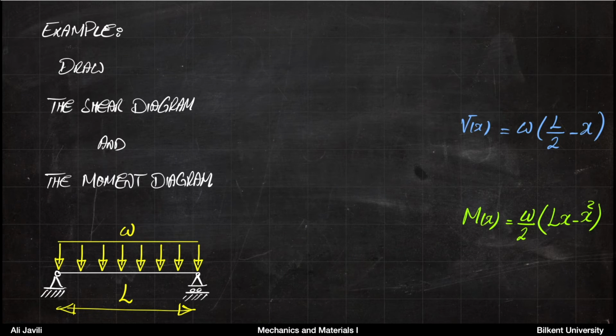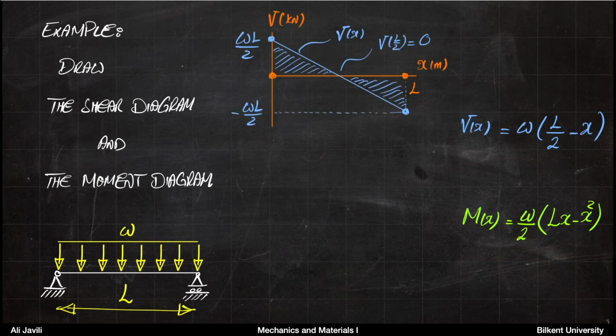And at this point, this is exactly what we had in the previous example. So you have now the shear force distribution and the moment distribution in terms of x. All you need to do is to draw them to get the shear diagram and the so-called moment diagram. As you can see here, when you set x equals 0, you get WL over 2, which is the reaction on the left.